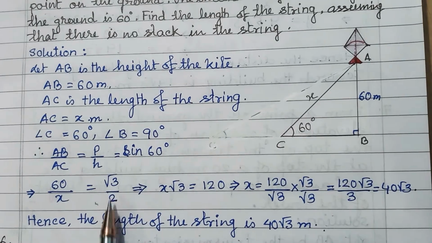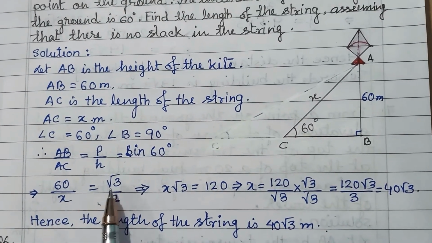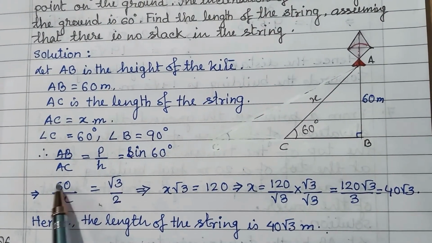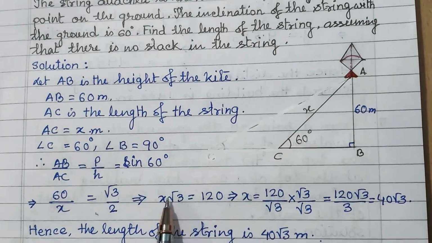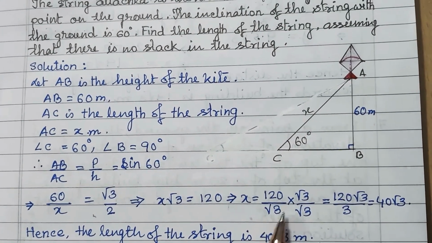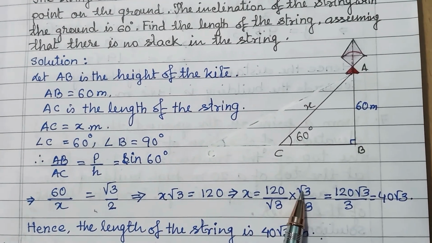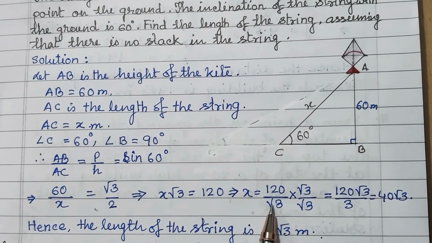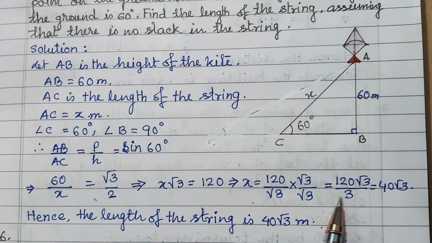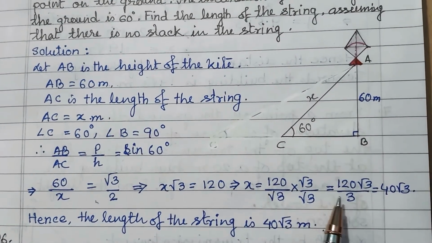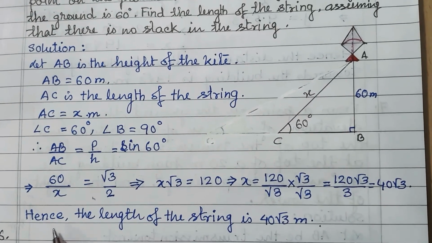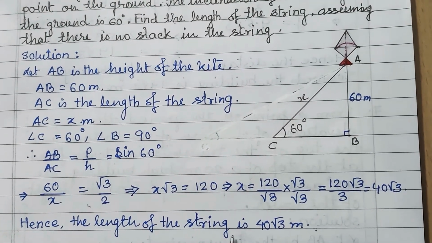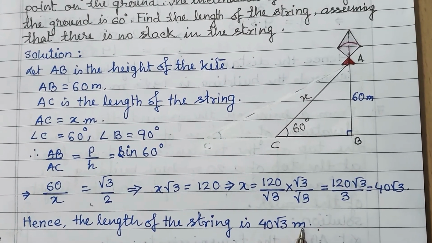Cross multiply: x root 3 is equal to 120, and x is equal to 120 upon root 3. Rationalize again: root 3 into root 3 is 3. So 120 upon 3 gives 40 root 3. So the length of the string is 40 root 3 meter.